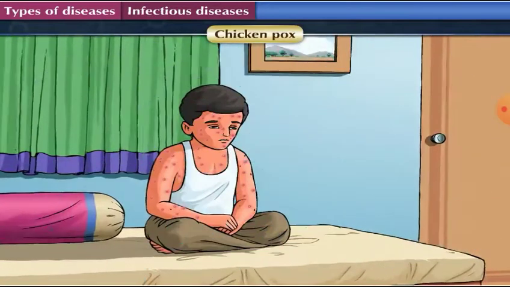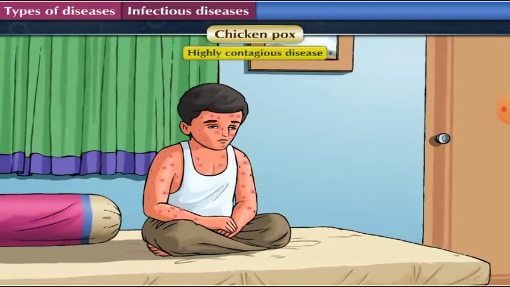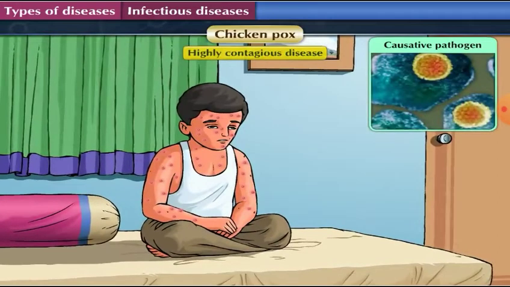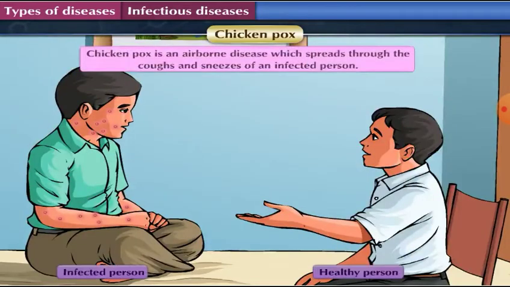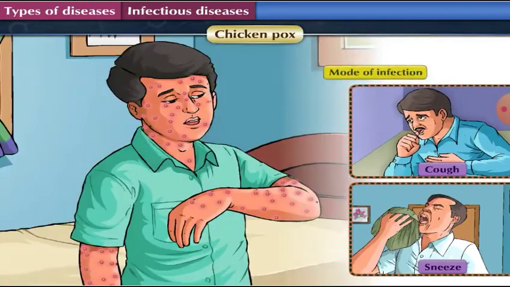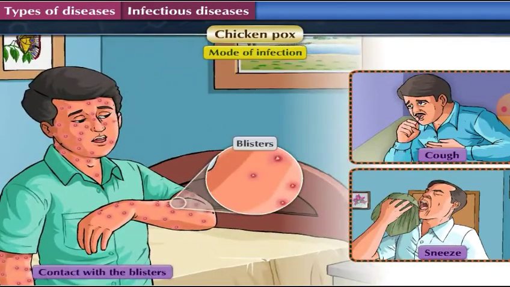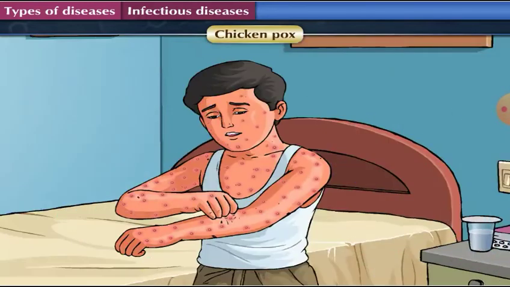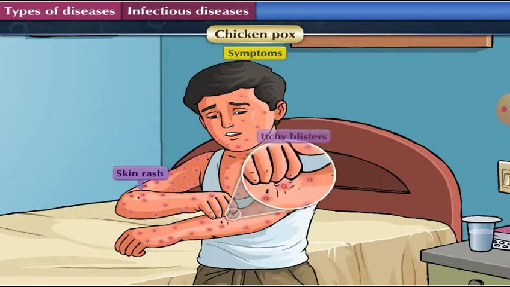Chickenpox. Chickenpox is a highly contagious disease caused by the varicella zoster virus. It is an airborne disease which spreads through the coughs and sneezes of an infected person. It may also spread through contact with the blisters. A very common symptom of this disease is a characteristic skin rash that forms small itchy blisters.